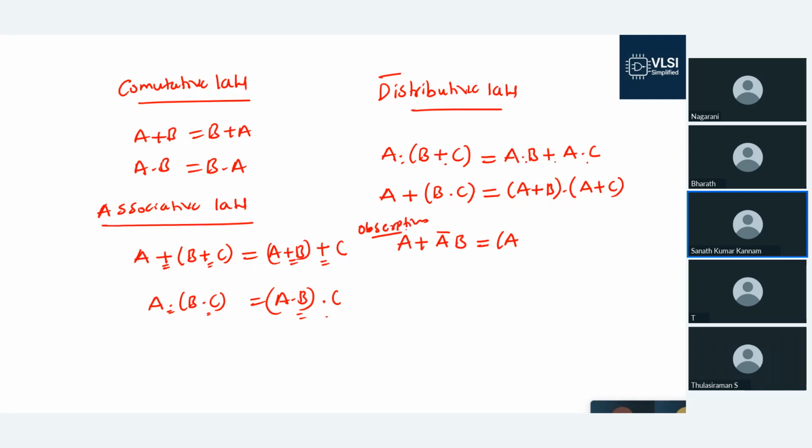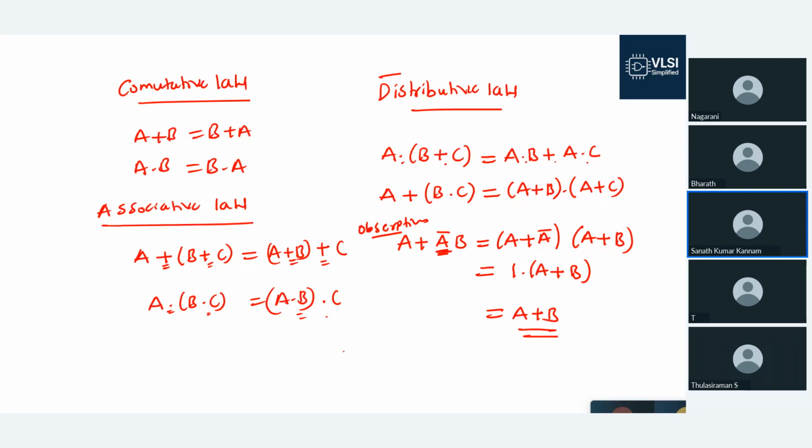A or A bar, A or B. So from OR law, you know that this is 1. This is A or B. So this is nothing but A or B. So this is the redundant.